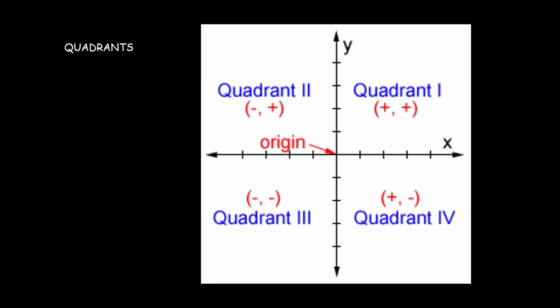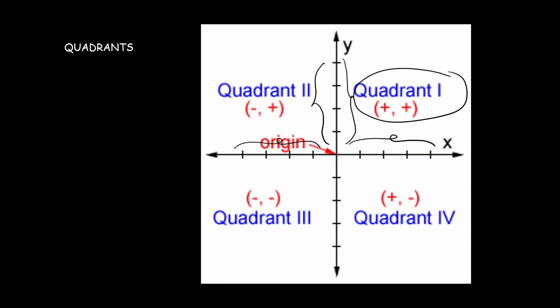So in the unit circle, we have what we call quadrants. We have 4 quadrants: quadrant 1, quadrant 2, quadrant 3, and quadrant 4. In quadrant 1, x is positive and y is positive. In quadrant 2, x is negative and y is positive. In quadrant 3, both are negative.